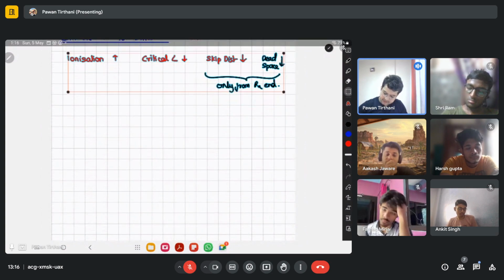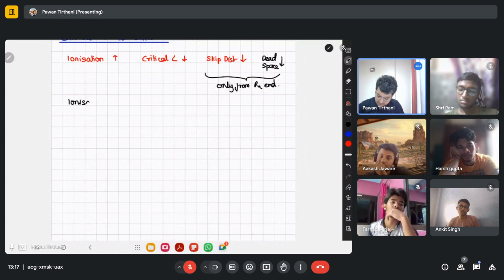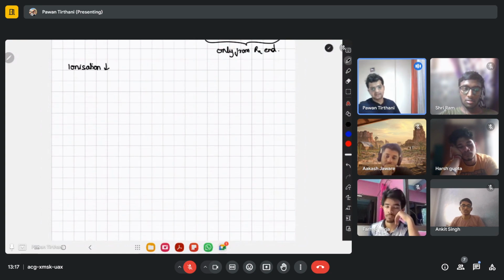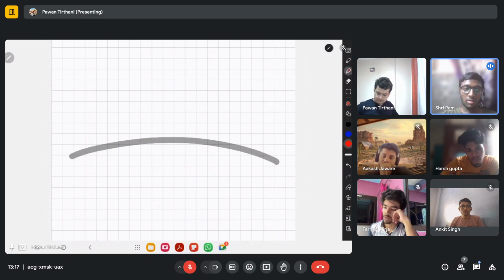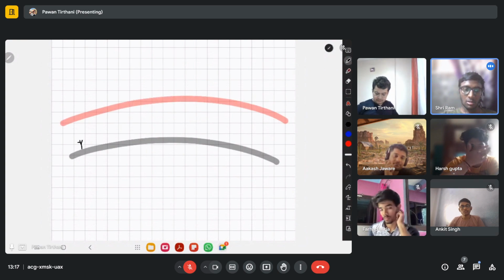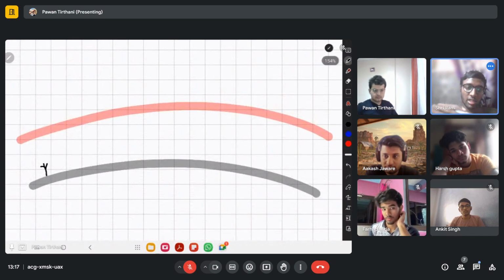Now explain to me, Sriram, what will happen if the ionization decreases? Explain it to me with the help of a diagram. So we have a transmitter, okay, and waves are transmitted upwards.